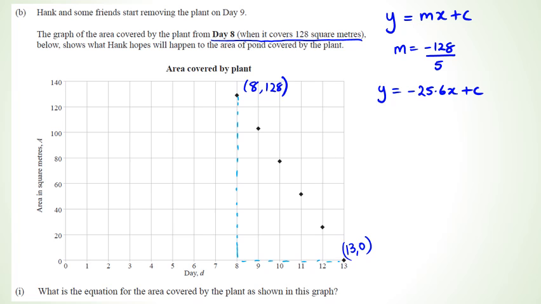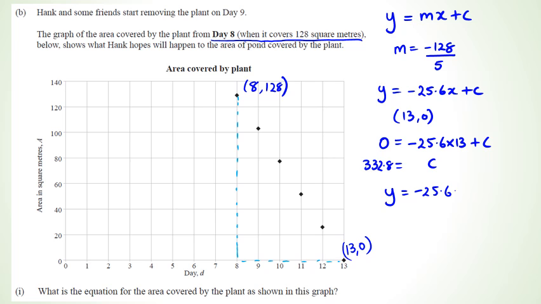So let's see, we're going to use the points 13 and 0, which means I can write this as 0 equals negative 25.6 multiplied by 13 plus c. And if I rearrange this, I get c equals 332.8, which means my equation is y equals minus 25.6 x plus 332.8.